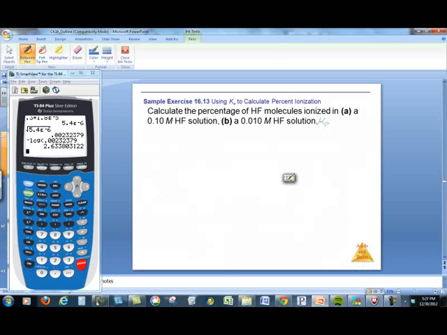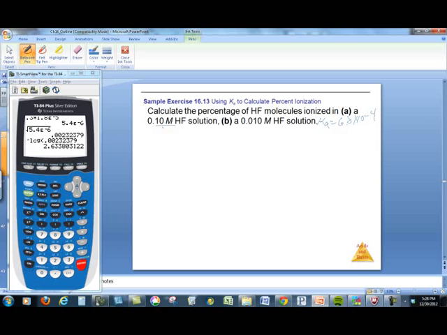Ka for HF is going to be, let me see if I can find it real quick, 6.8 times 10 to the minus 4. Okay, so this is a weak acid, right? So it's not all going to come apart.